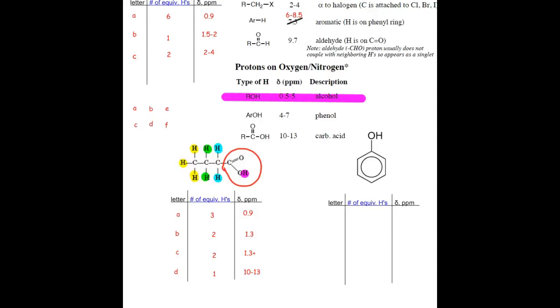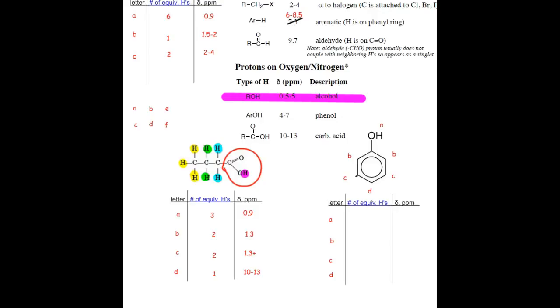Let's take a look at this benzene ring. I gave it 4: A, B, C, and D. And remember, I'm not looking at those carbons that are the intersections.